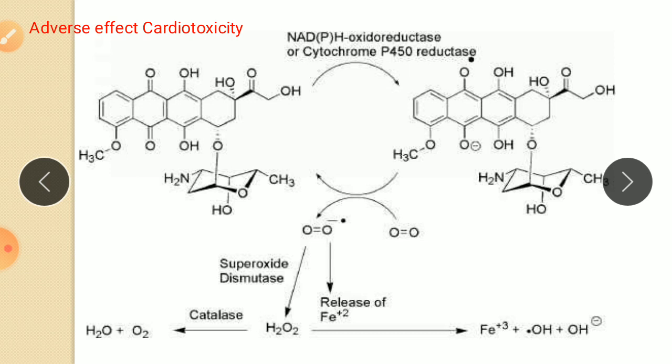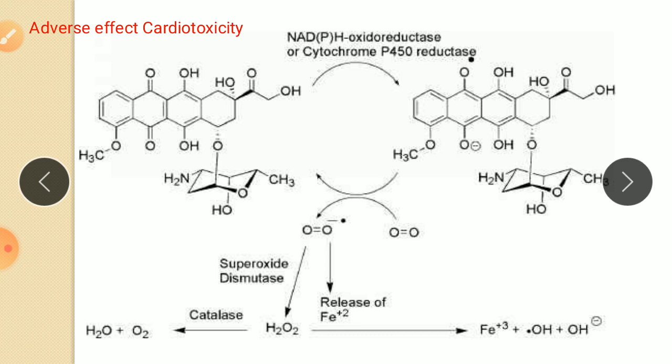The associated cardiopathies and congestive heart failure have been related to the ability of this compound to undergo redox cycling reaction. The C ring of anthracycline is subject to 1 or 2 electron reduction by several different enzymes including NADPH oxidoreductase and cytochrome P450 reductase enzyme. So here the main toxicity is cardiotoxicity.